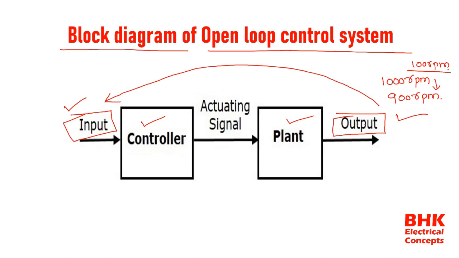So the output is not going to affect the input to correct this value. This error is not going to be corrected automatically with the help of the input. So this is the block diagram of an open loop control system.